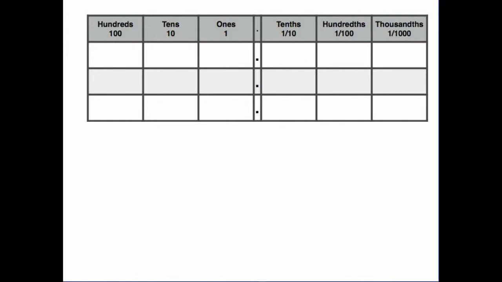We have a place value chart in front of us. It says 3 copies of 4 and 65 hundredths.